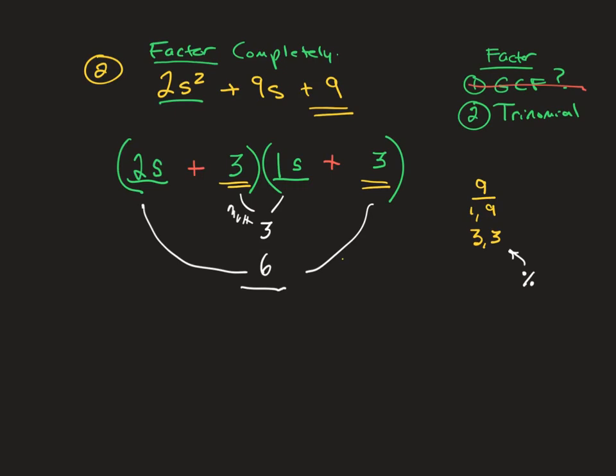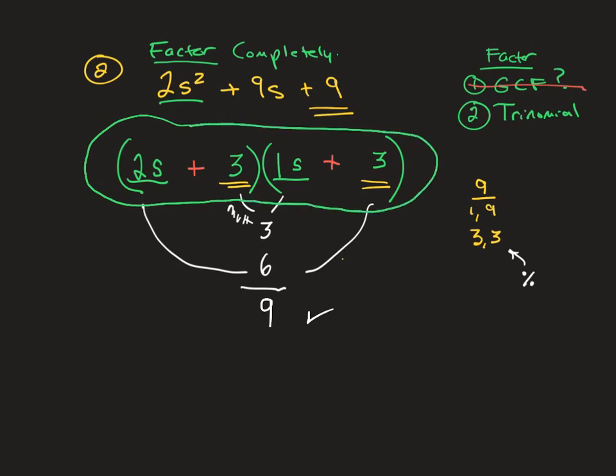And with 3 and 6, they do add to be 9, so that works out. And so your final answer is just these 2 parentheses. And by the way, you might know this already, but when you're entering in 1s, you'll leave off the 1. We just put s anytime it's 1s, so leave off this 1 here. So 2s plus 3 times s plus 3 is the final answer.